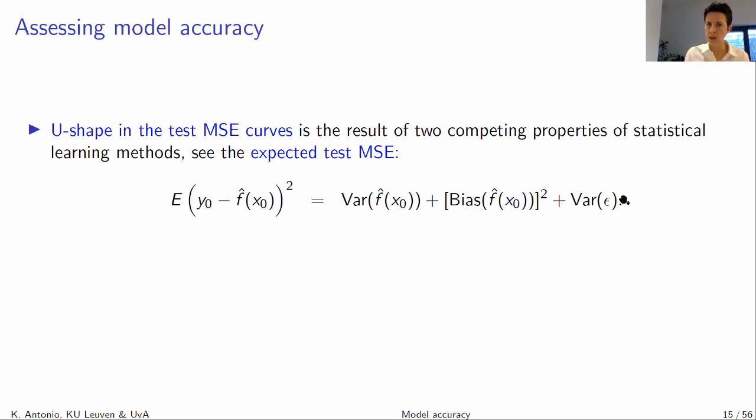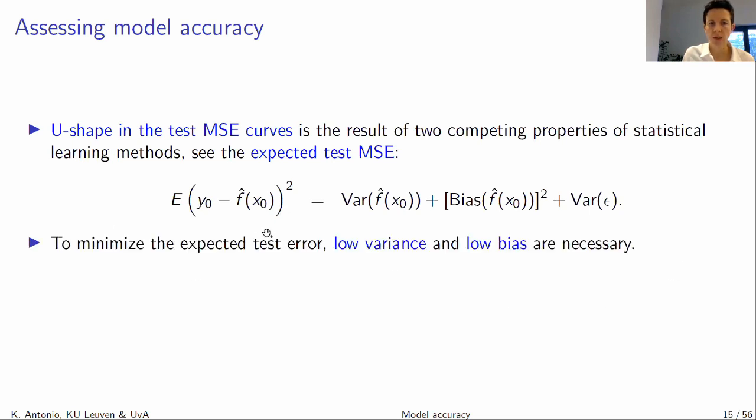So there is a lot in here, and you can carefully write that down. Let me put that in a separate document and upload it on Toledo so that you can have a look at that later on yourself. But this is the decomposition that we recognize from mathematical statistics if we look at this test mean squared error.